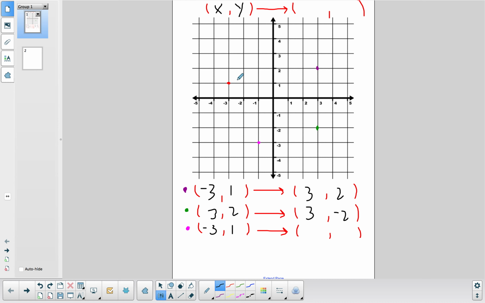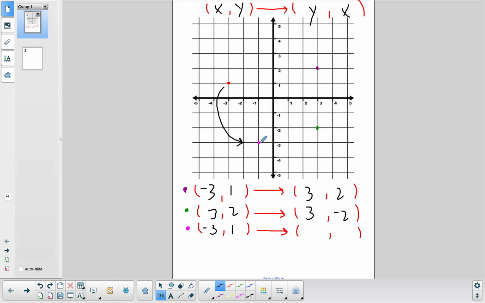And so now what we did from this point, we rotated 90 degrees in a counterclockwise direction to here. And so we notice every time we do a rotation, the values flip. So I'm going to just go ahead and put a Y here, and I'm going to put an X here, right?